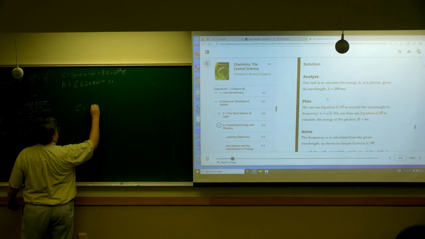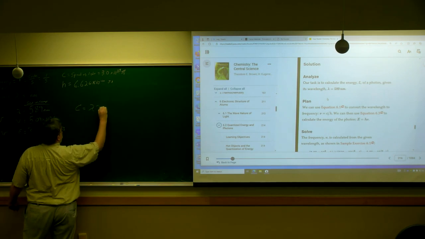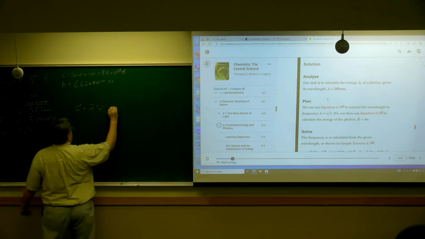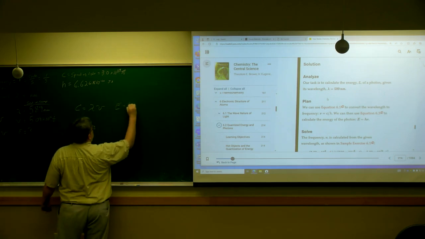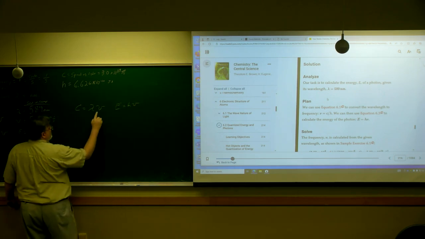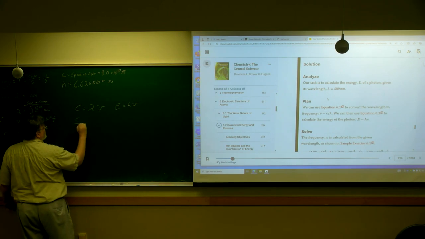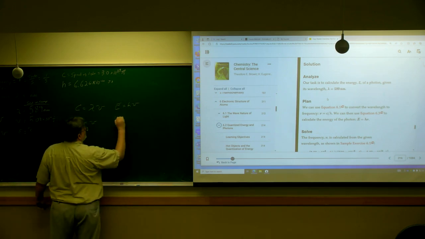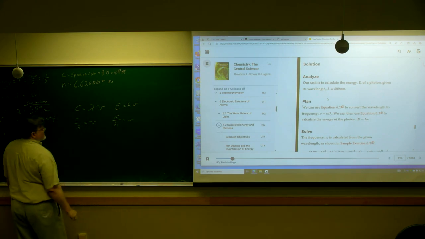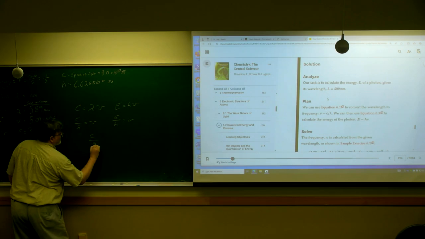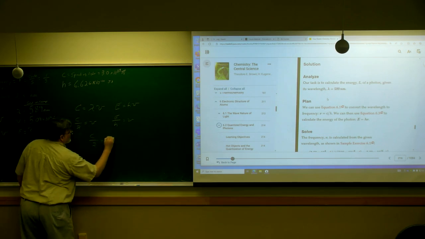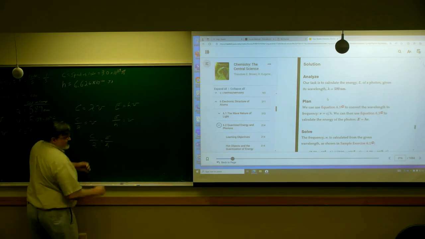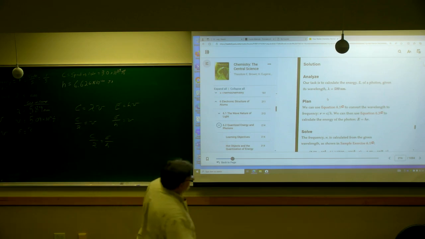That's supposed to be lambda. We've got that, and we've got E equals h nu. If I solve for frequency, this is E over h. So you can relate these together, but let's do it in stages, that's fine.